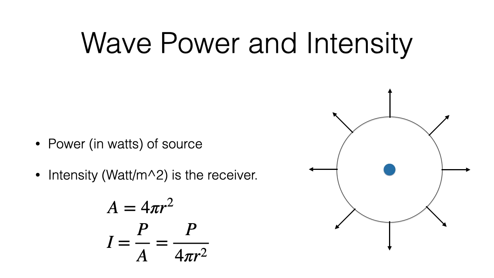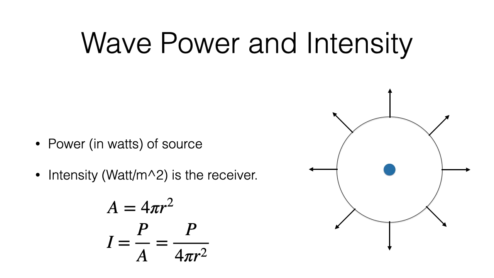Wave power and intensity. So if I have a point source and that point source produces a wave and that wave spreads out in all directions, then there's energy there, right? And energy per time is power. But as you get further and further away, that power is spread over a larger and larger sphere.